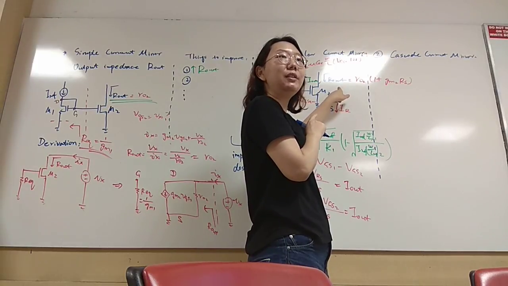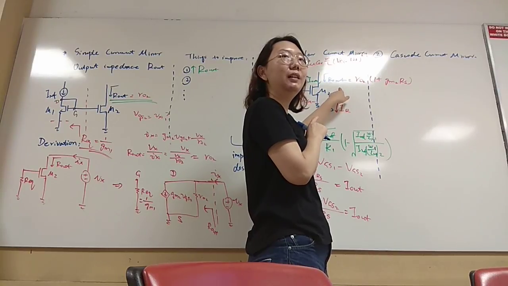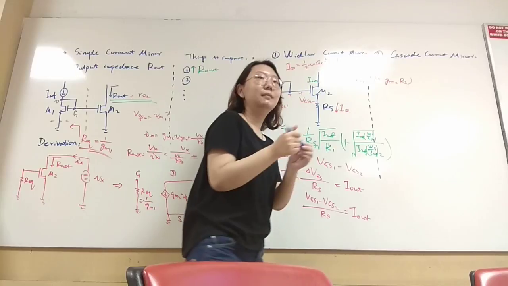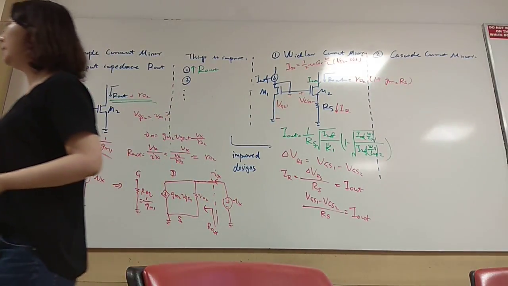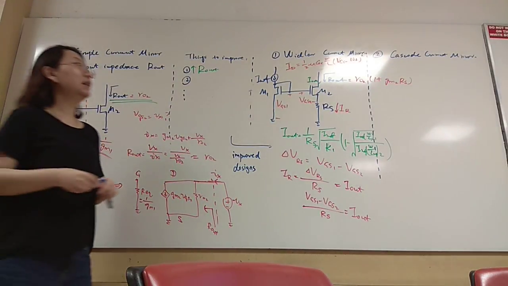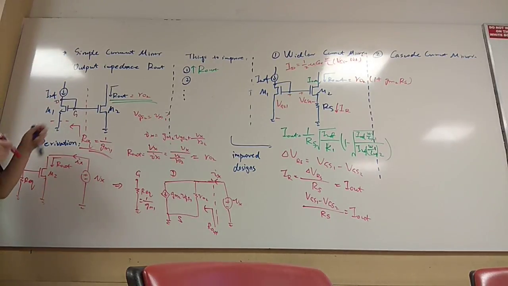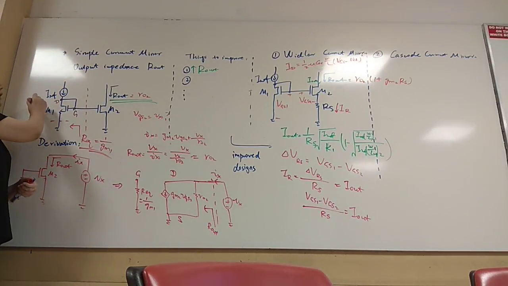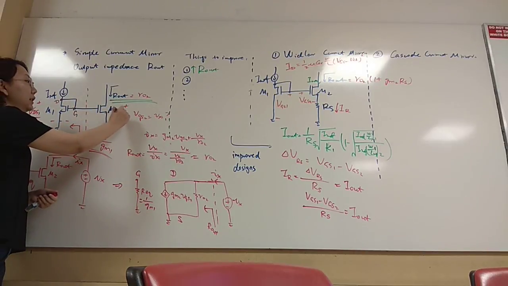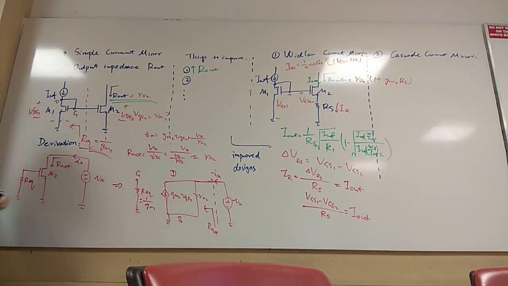Hello, matching. Got any idea about matching? What's the meaning of matching? Last week you mentioned something about mismatch. Yes, something about mismatch. If you look at this simple current mirror, the VDS1 is here, right? VDS1. The VDS2 is here, VDS2. Okay?